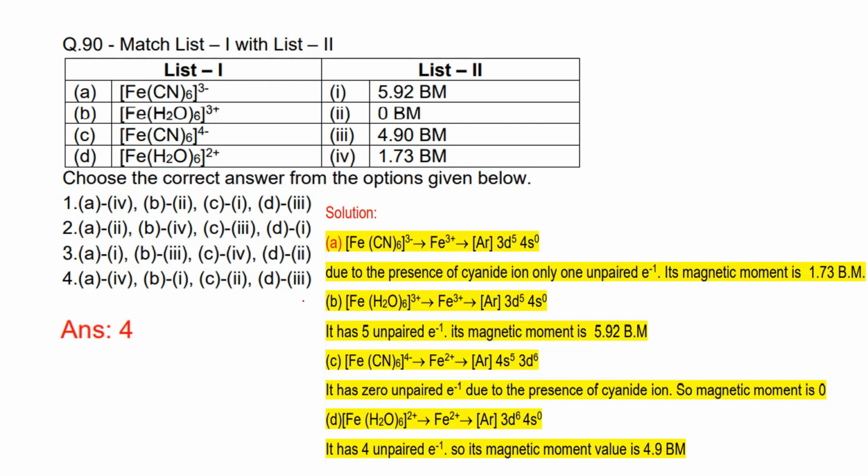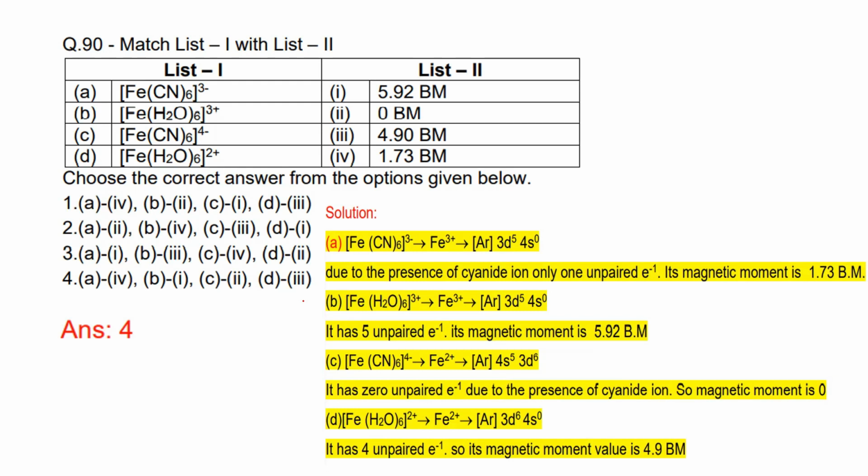Iron 2 plus means it will be 4s0 3d6. Okay, 4s0 3d6 will be coming. And cyanide ion is a strong field ligand, so all of them will get paired up. So all of them getting paired up means 0 unpaired electrons, and there we get 0 magnetic moment.